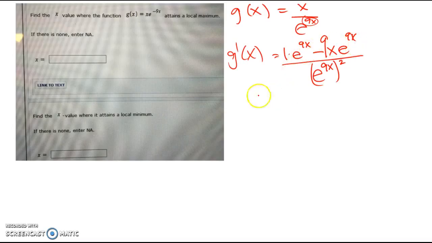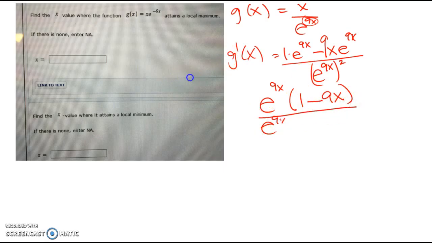Notice, in the numerator, I can factor out an e to the 9x, and I'm left with 1 minus 9x. And then if I take e to the 9x times e to the 9x, I can cancel that out. So my first derivative is this. Okay?